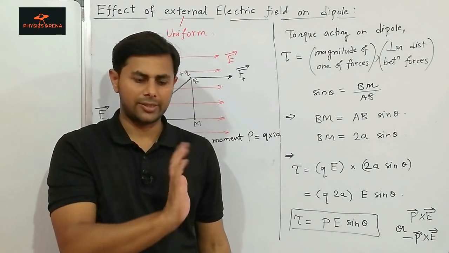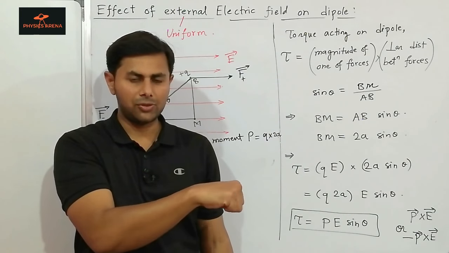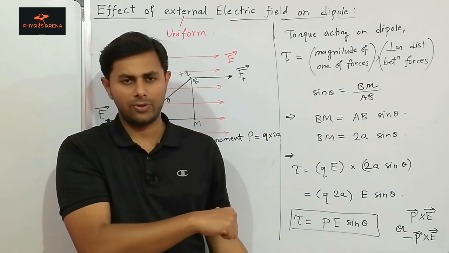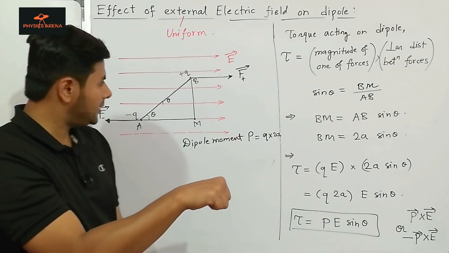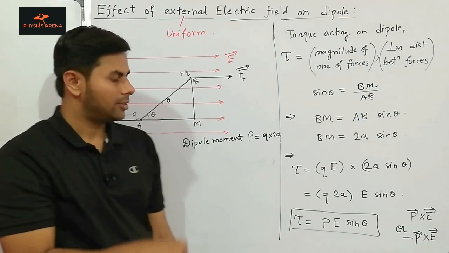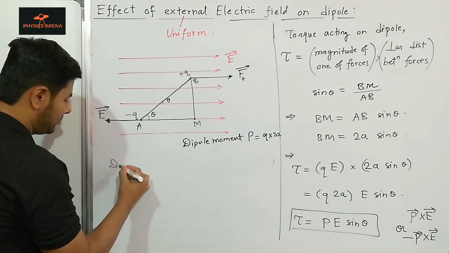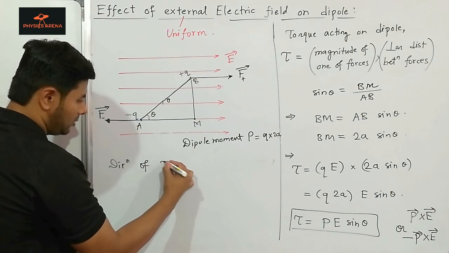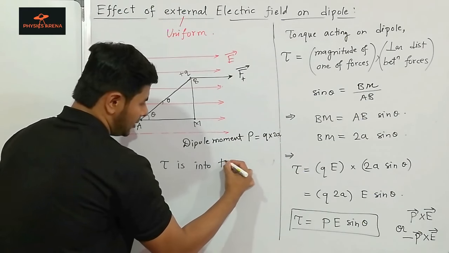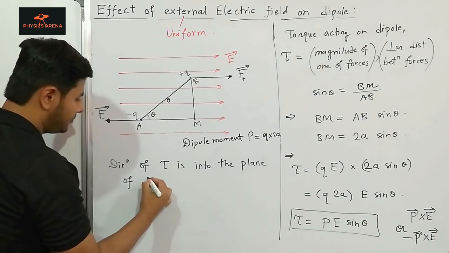Curl your fingers in the direction of rotation and stretch your thumb. It gives you the direction of torque. So it is into the plane of the board. The direction of torque is into the plane of the board.